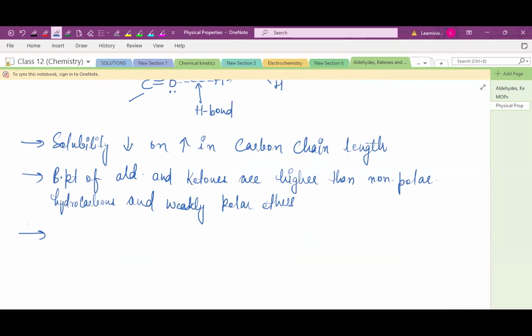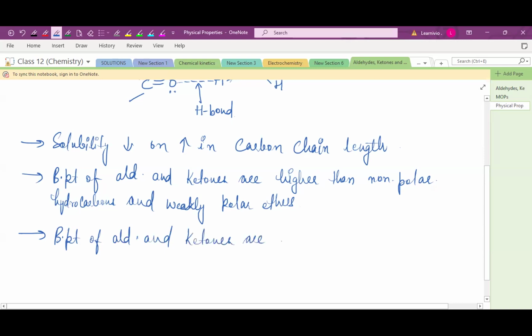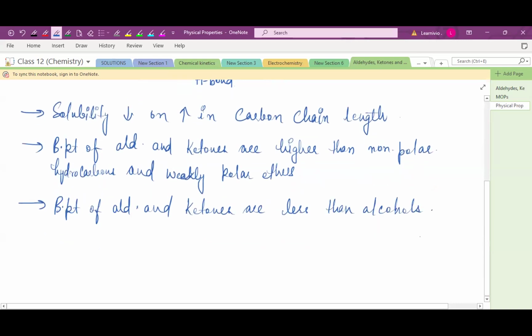Okay, so alcohols have higher boiling point as compared to your carbonyl compounds, right? So write down: the boiling point of aldehydes and ketones are less than alcohols, right? Alcohols have more boiling point as compared to the carbonyl compounds.